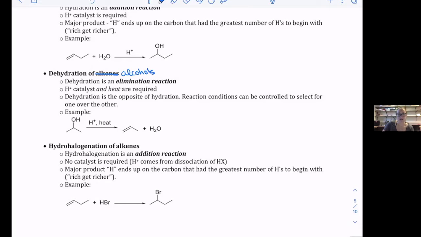So you notice that to go backwards, all you have to do from the alcohol to get back to the alkene is to heat up the reaction. So heat, whether you have heat in there or not, is really important when you're filling in your reagents. So dehydration is the opposite, as we've talked about. Reaction conditions can be controlled just based off of the heat. So there's the example there.